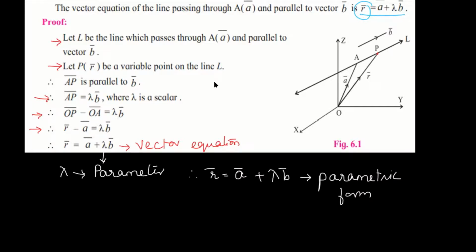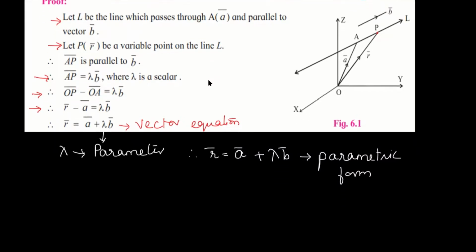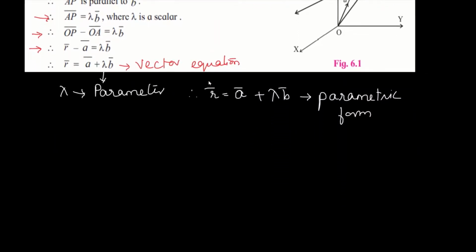Now we can also eliminate lambda from here. Suppose we don't need lambda or lambda is not given to us. Then we can have another form of the equation, whereby, in this case, we have AP bar, AP parallel to B, not R, AP is parallel to B, and therefore we have AP cross B equal to 0.